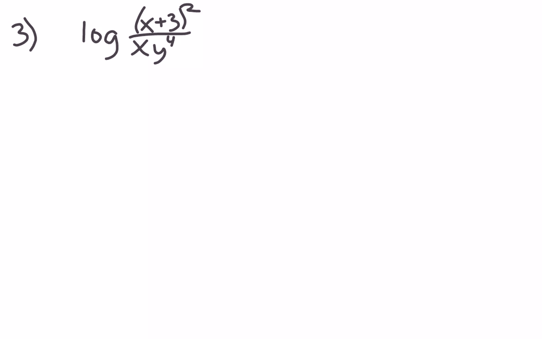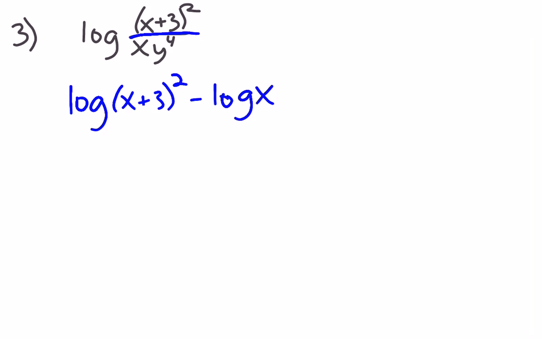Got something a little more complicated. This one I noticed we have a fraction, so that means division. And there's a couple ways you could do this. You could use parentheses, but what I'm going to do is write it as log of (x plus 3) squared minus log x. And then I'm going to say minus again log y to the 4th.